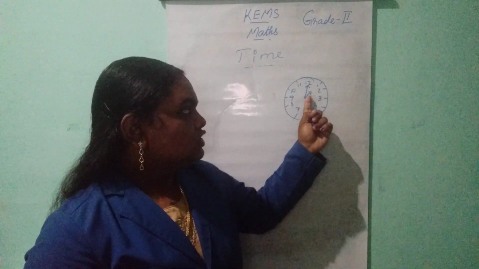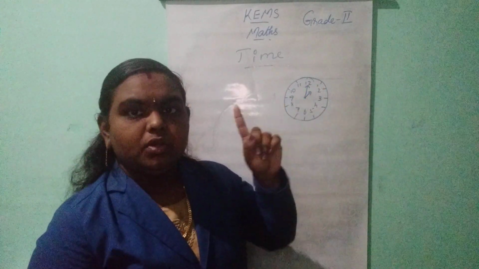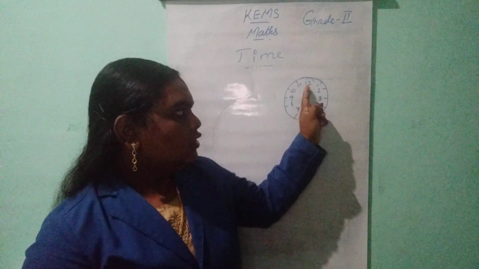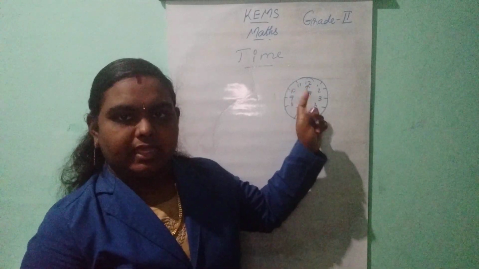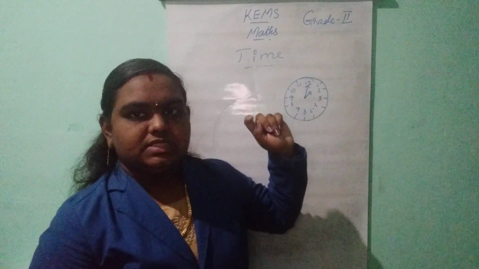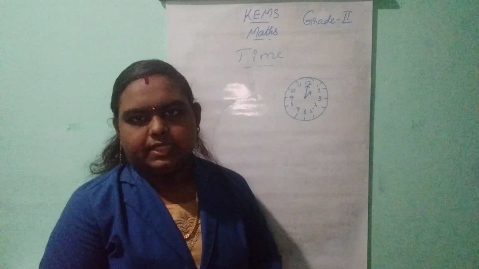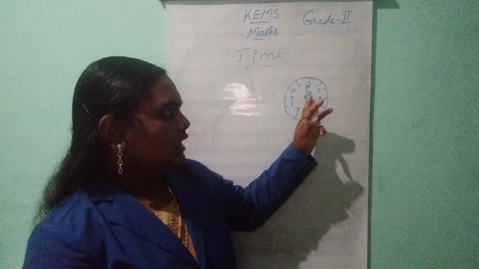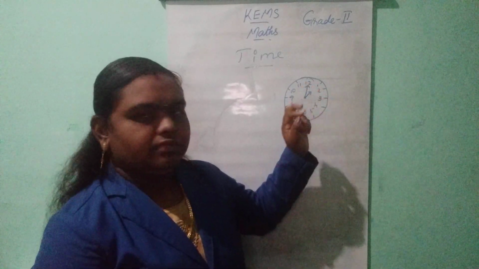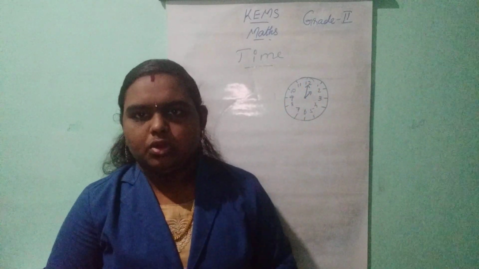The short hand is representing the number 1, and the long hand represents the number 12. Now we are going to see what is the time. The small hand is at 1 and the long hand at 12, so it is known as 1 o'clock.